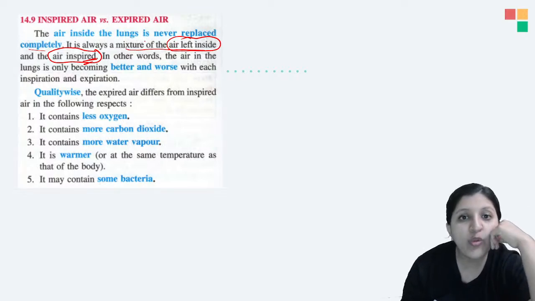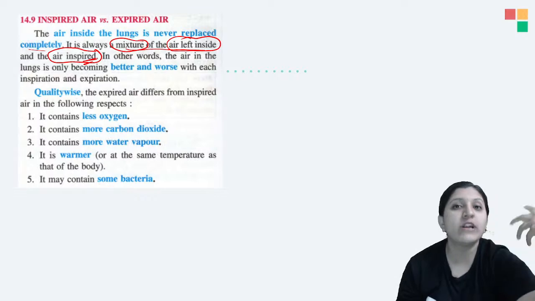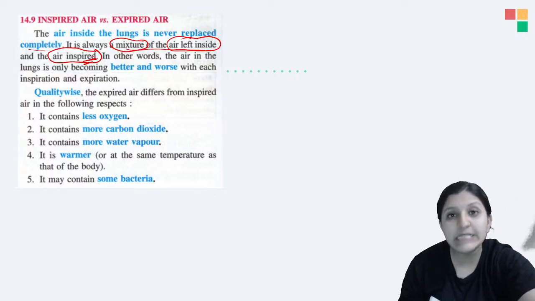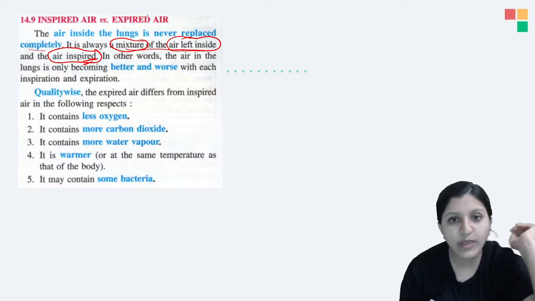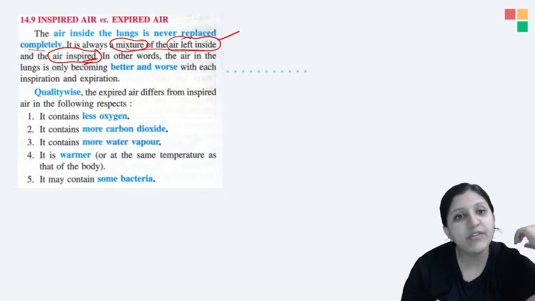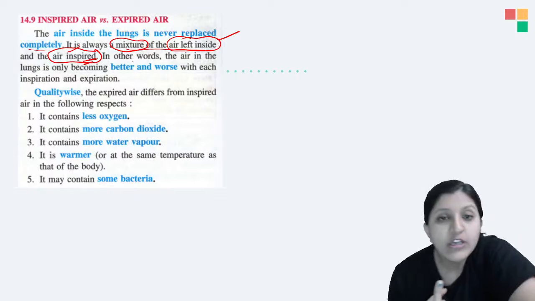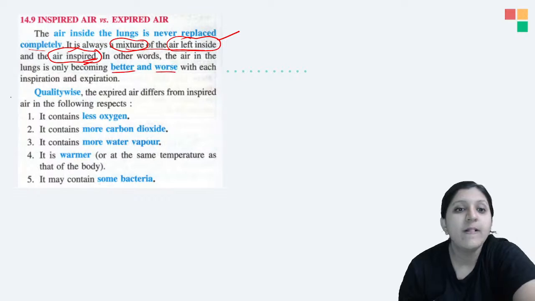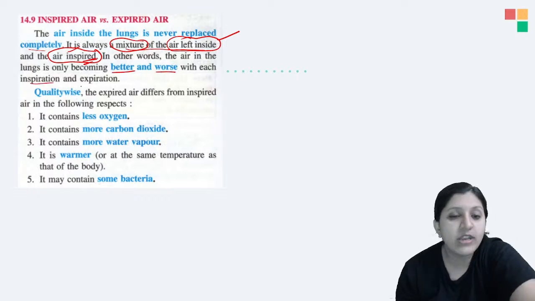So it is always a mixture, it is not 100% pure, not purely inspired air only. It is a mixture which contains air left inside and the air that you inspire. So in other words, the air in the lung is only becoming better and worse with each inspiration and expiration.